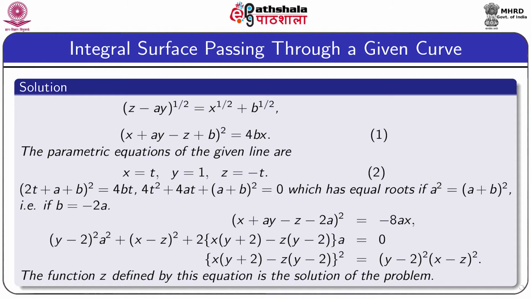Solving these two equations, if we eliminate a, we get a function which is written in the last line: (x into y plus 2 minus z into y minus 2) whole square equals (y minus 2) whole square into (x minus z) whole square. So the function z defined by this equation is the solution of the problem. This is the general integral of the given equation which passes through the given line.